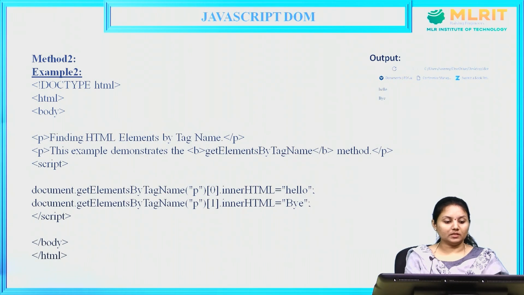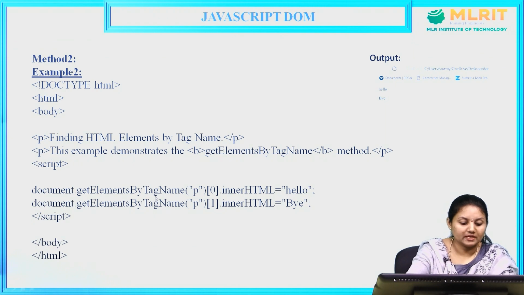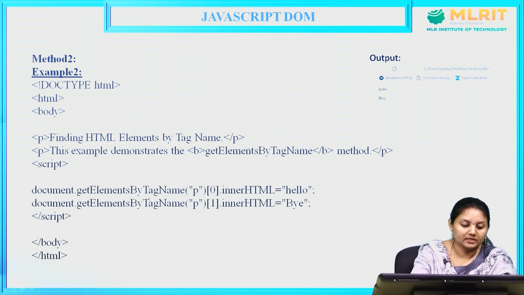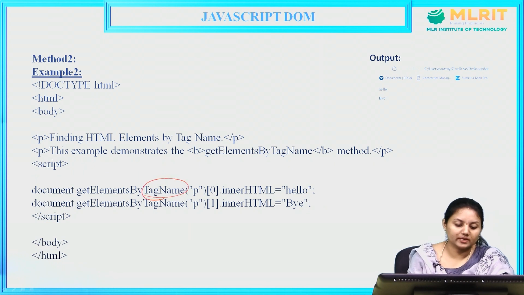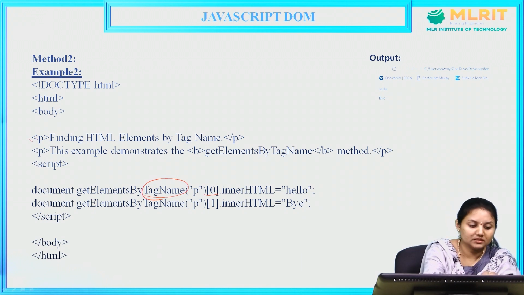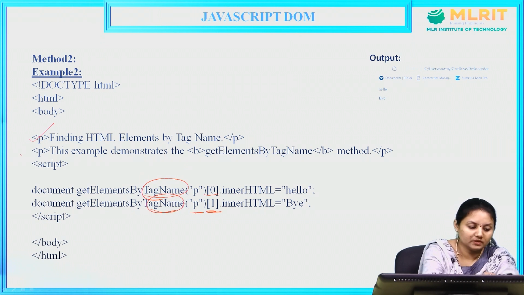Okay, next. Similarly, there are other methods. Here we are using getElementsByTagName. When will we use tag name? In XML or HTML. So document.getElementsByTagName('p')[0] will take this p tag, and document.getElementsByTagName('p')[1] means it will take this one.